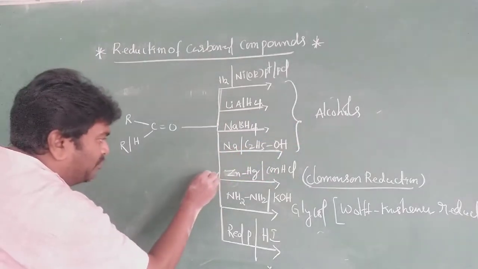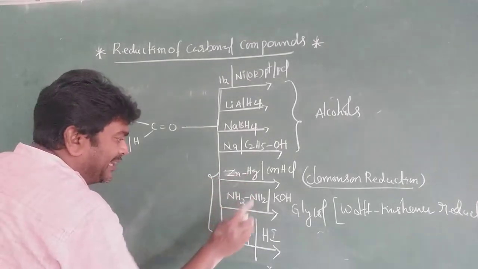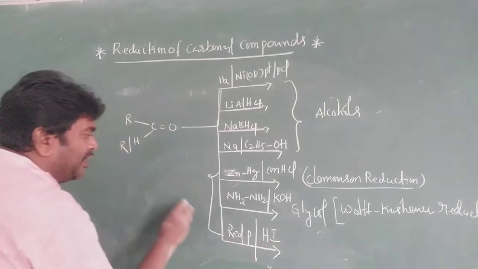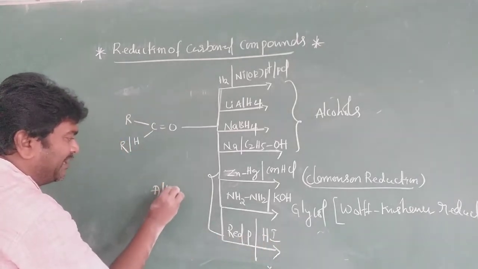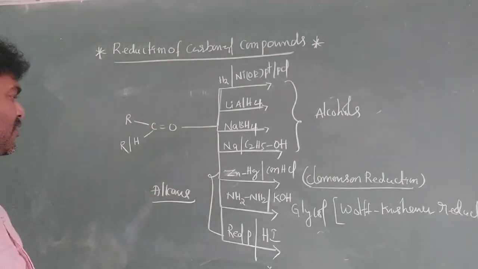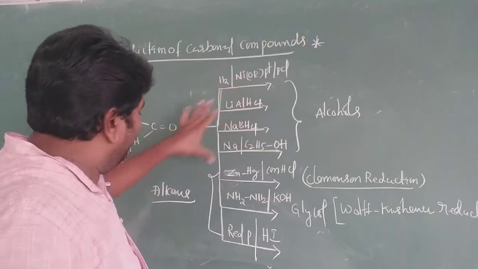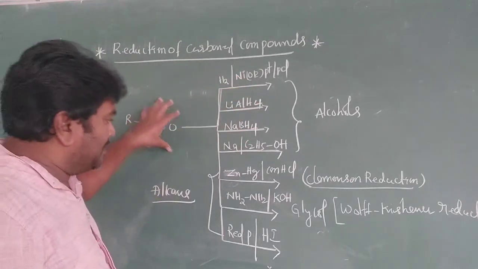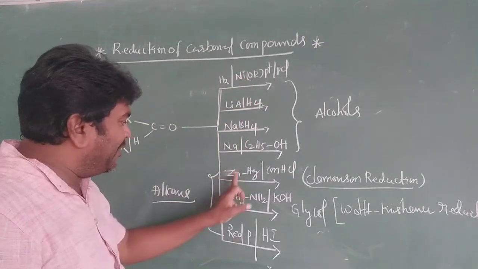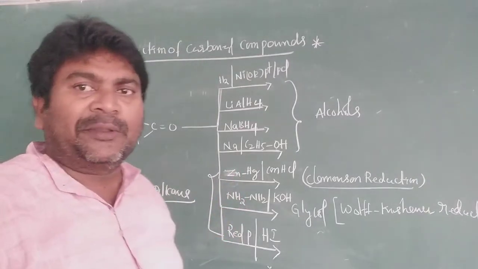The remaining ones, Clemmensen reduction, Wolff-Kishner reduction and red phosphorus with HI, you will get the alkane. It is very important, my dear students. If you take this one, you will get alcohol. Suppose you take zinc amalgam and the other two reagents, you will get alkanes. You have to remember this one.